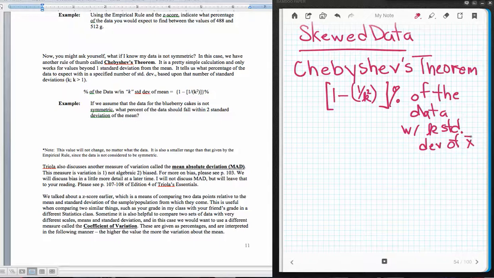And when we're talking about these skewed data sets, k has to be greater than 1 or we end up with 0. So that's where I'm going to end for right now, and we'll apply that in the next video.